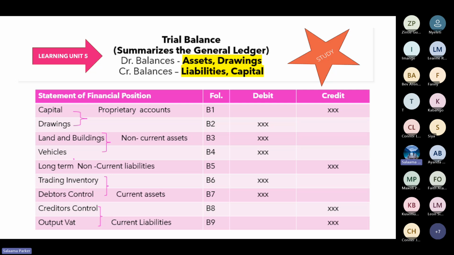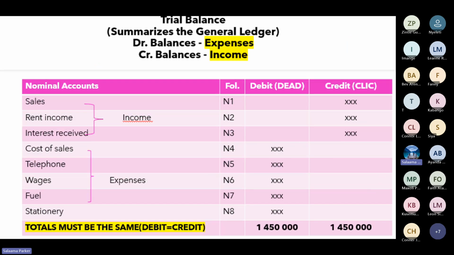The first heading is statement of financial position, and then you first record your proprietary accounts, then your non-current assets, non-current liabilities, current assets, and current liabilities. Right, and then the next section is your income and your expenses, and that heading is the nominal accounts.